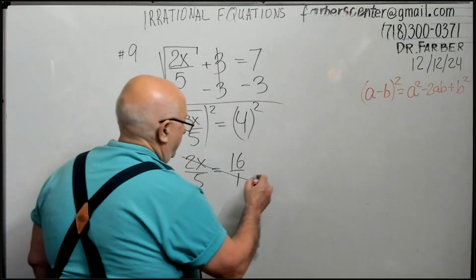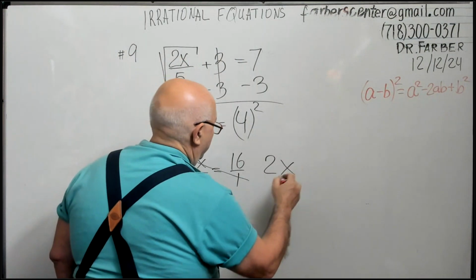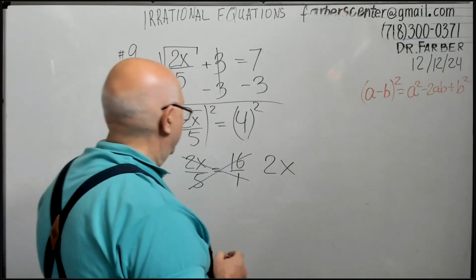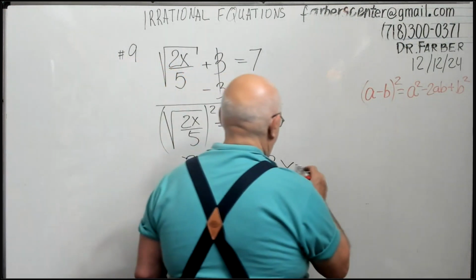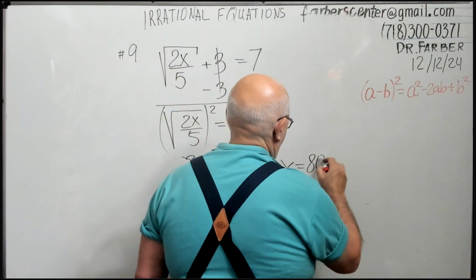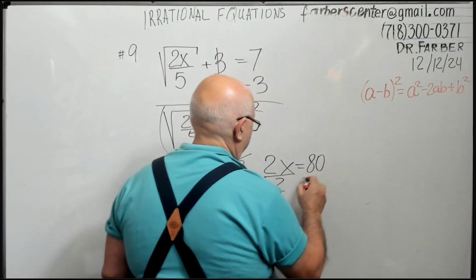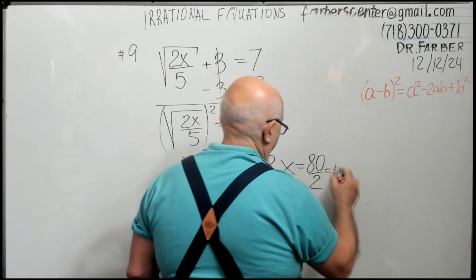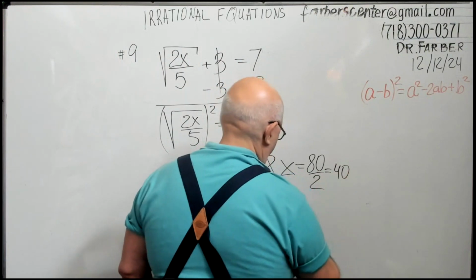Cross multiplication. 2x equals 50 and 30 equals 80. Divide by 2 both parts. X equals 40.